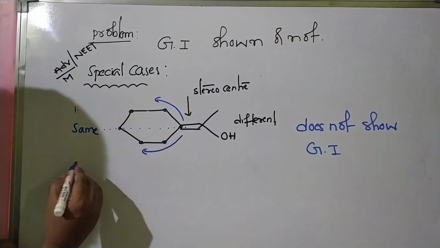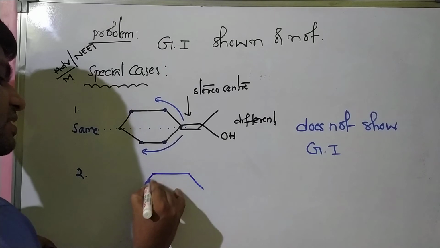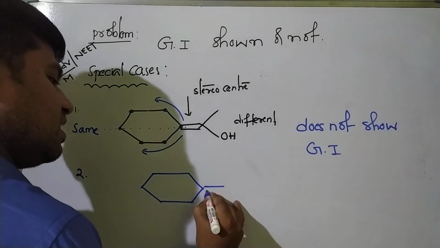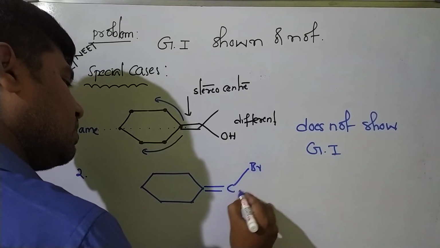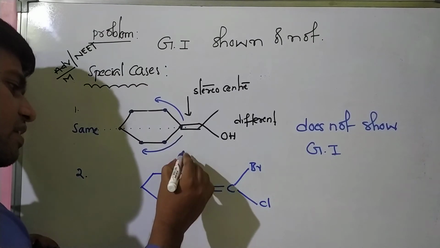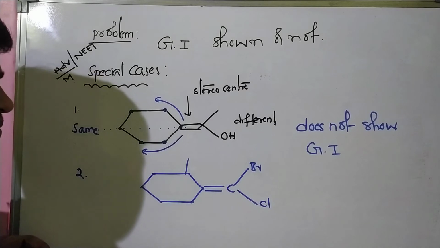Next, the second one. So this is again cyclohexane. So this again has a double bond. So this is a bromine atom. So this is some chlorine atom. Here some methyl group is there. This is some methyl group.